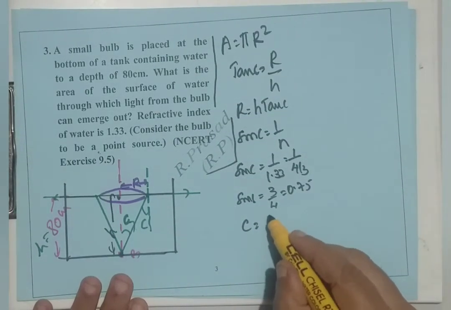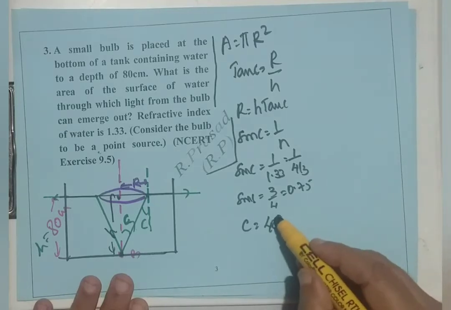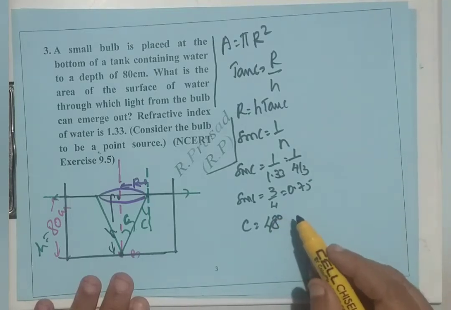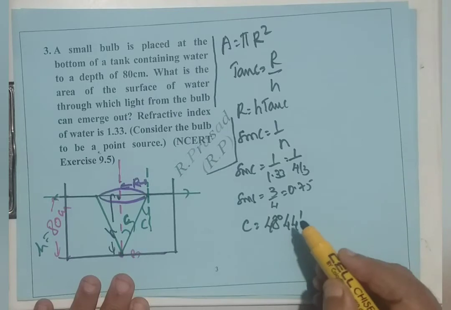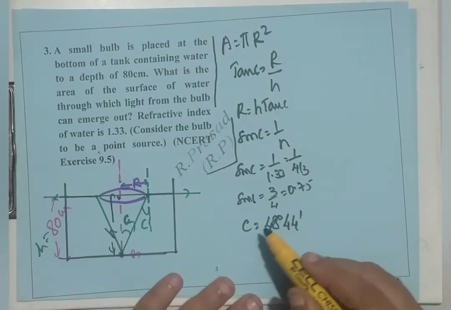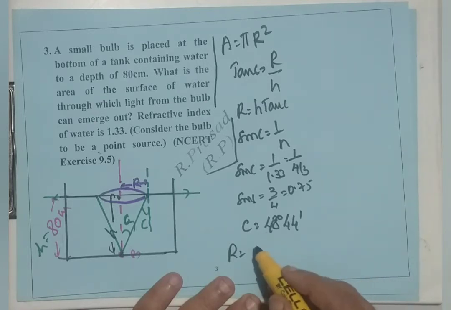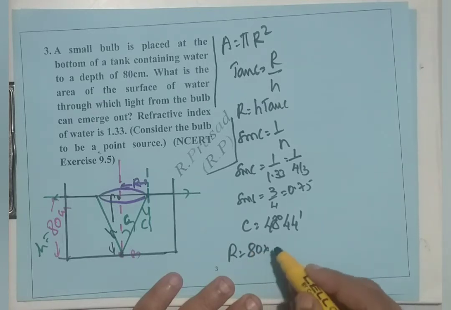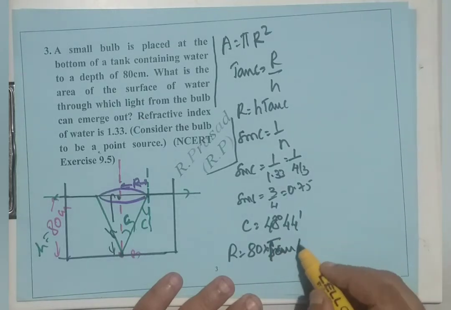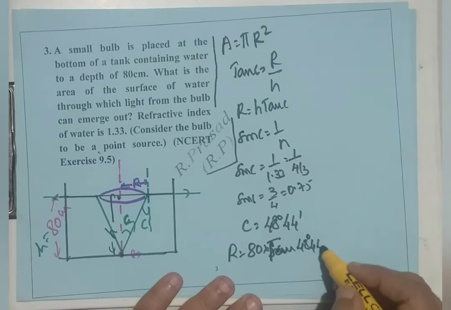C value will be 48 degree 44 minutes for the water. From the Clark's table you can look. Once you know the C value, substitute it there for R. R is h, 80 centimeter, into tan of 48 degree 44 minutes.